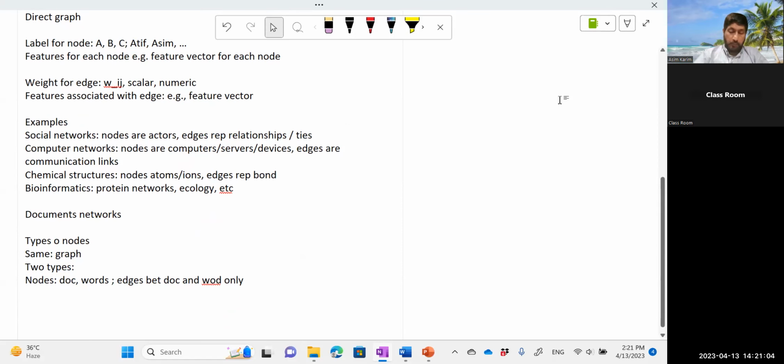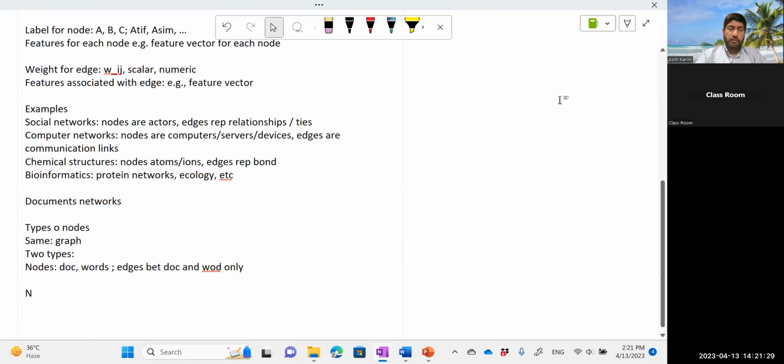Now coming to some general properties of the graph before we move on to studying some more specific properties. First of all, n is the number of nodes in the graph. The maximum possible number of edges in an undirected graph is for what we call a complete graph.